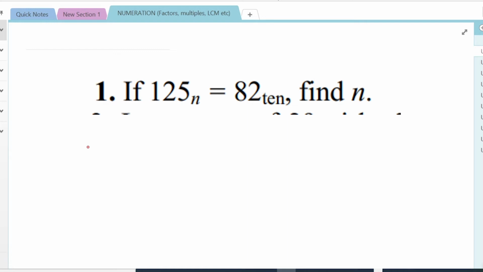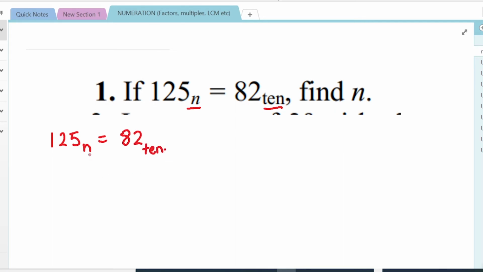So this is a number adopted from an examination past paper question. To be precise, this is number 1 of UNEB 2010, paper 1. They are saying that if 125 base n is equal to 82 base 10, find the value of n. So let me rewrite this here. 125 base n is going to be equal to 82 base 10.